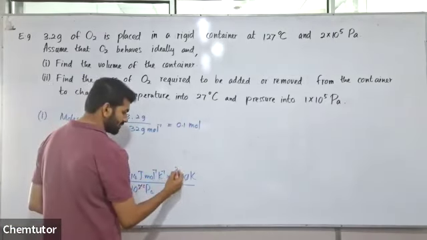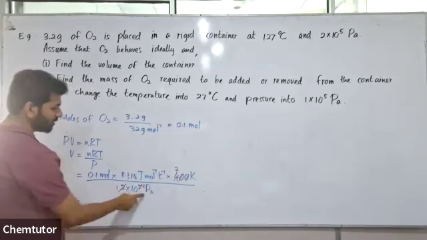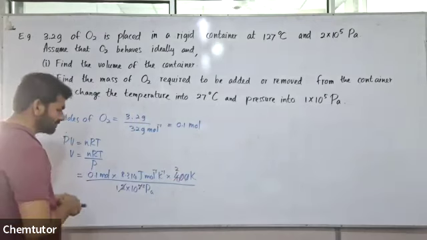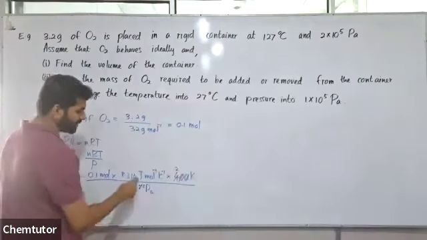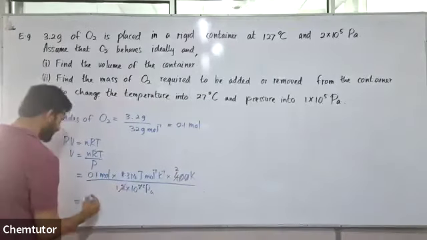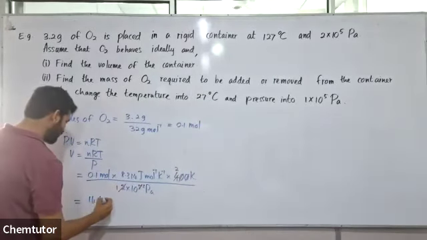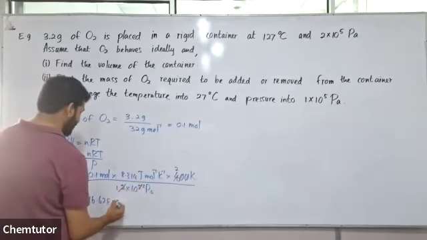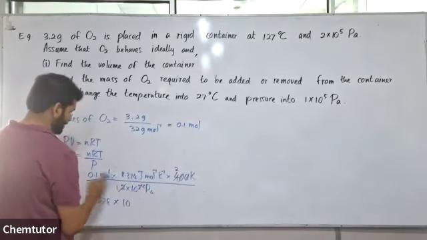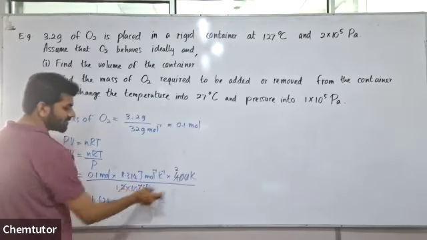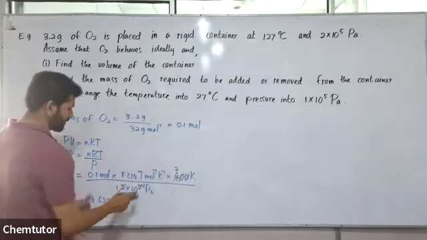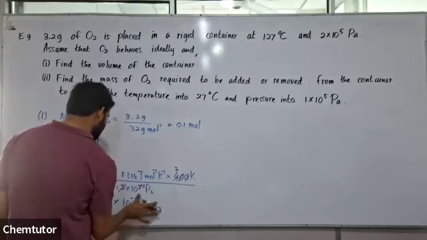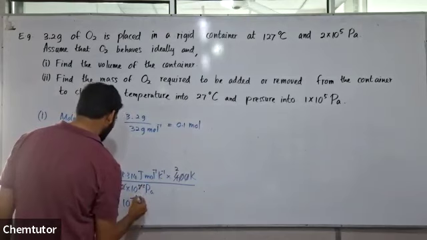Once 10 to the power 3 goes upwards, it will become 10 to the power minus 3. 0.1 times 8.314 into 2 means 16.628. So 16.628 into 10 to the power minus 1, and once 3 comes up, it will become minus 4. So it is 16.628 into 10 to the power minus 4.